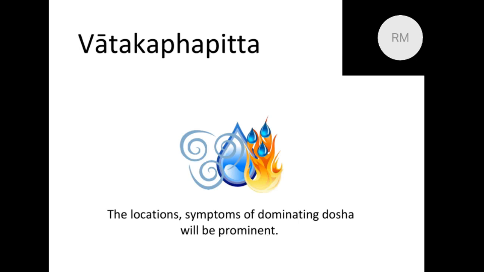So it's quite a clinical task to be even able to distinguish whether all three doshas are involved or not. First step is to see if all the three doshas are involved, and second step is to see which one of them is dominating more than the other.